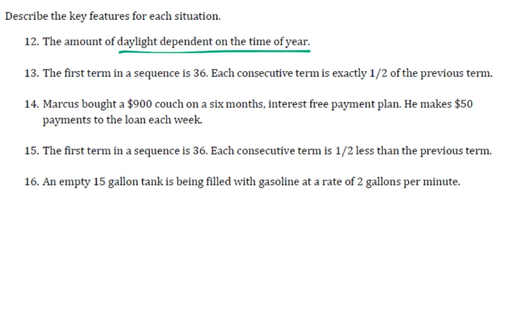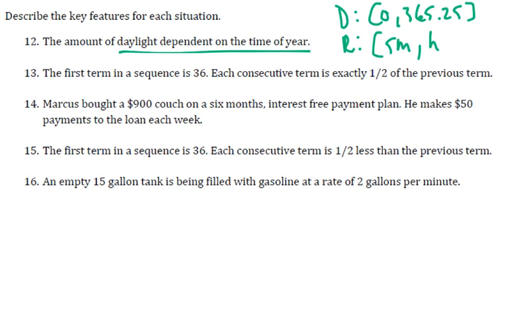So our domain would be from that 0 day to 365.25, right? Our range would be from the smallest amount of daylight to the highest amount, which would be like the winter solstice to the summer solstice? So smallest to highest. I don't think we need to get too specific on it.